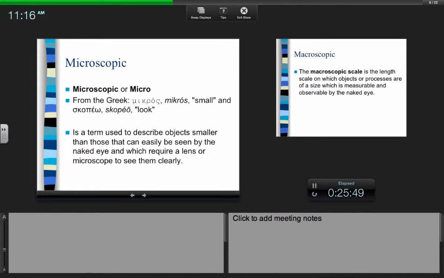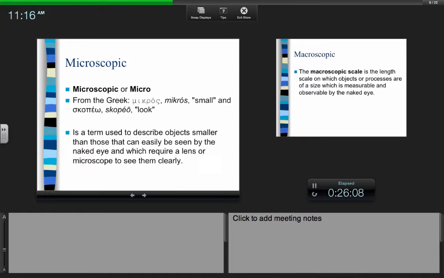The term microscopic, you don't need to write this down, comes from the Greek micros, which means small. When we talk about something that is microscopic, it means we cannot see it with our eyes.